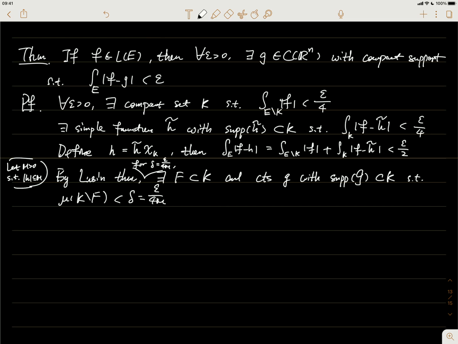And then, by this theorem, there exists a set f that is a subset of k, and there exists a continuous function g with support inside k, such that the measure of k minus f is less than delta, and also the function h restricted to f is equal to g restricted to f. And also g is defined continuously, and it can be extended continuously outside of f. So the m is also applied to g.